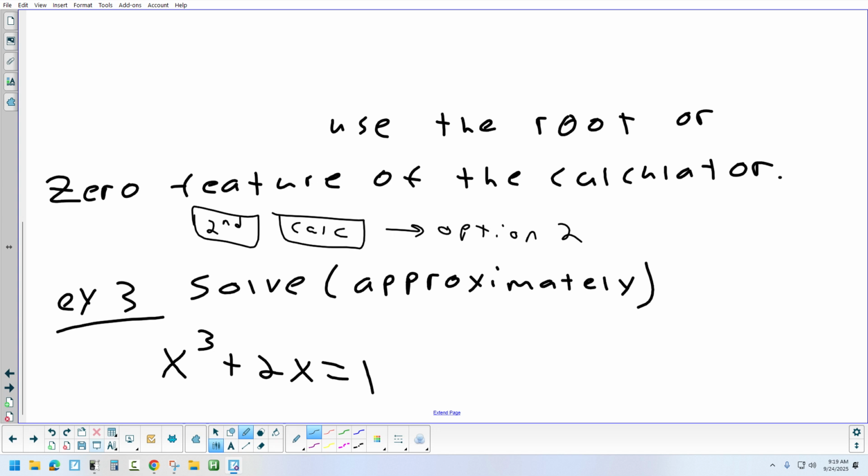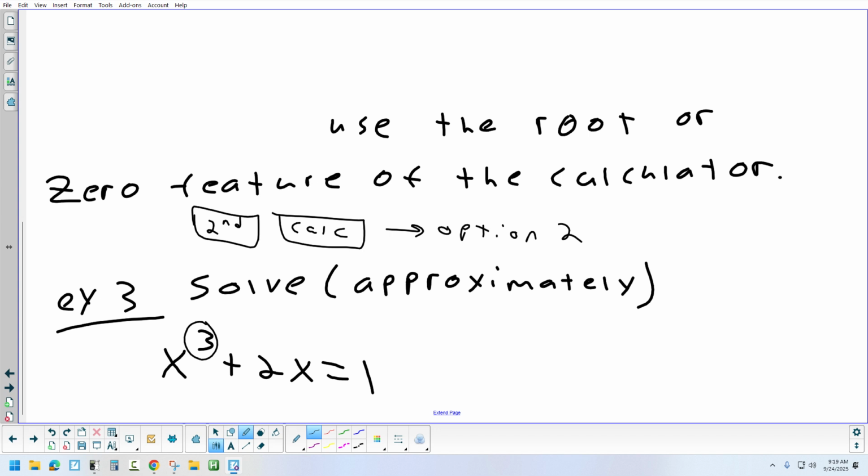So you can't just plug that into the quadratic formula. It's not quadratic. So is there a formula like the quadratic formula when the exponent is a 3? Yes, there is. It's much longer than the quadratic formula. It's very long. So the cubic formula is generally not something that we learn. It's not something I've ever used.